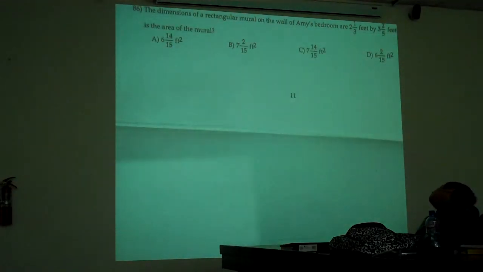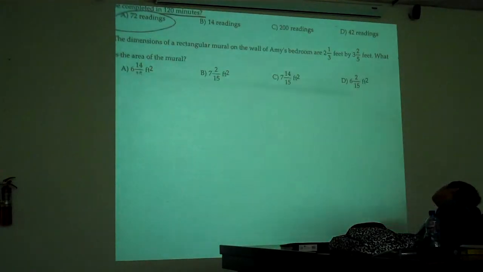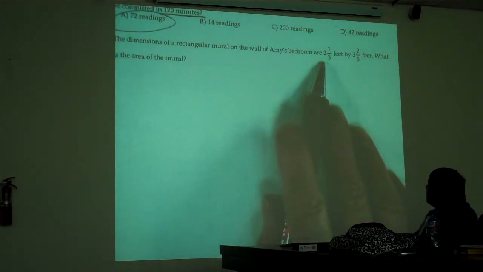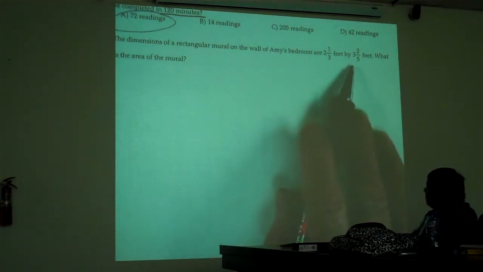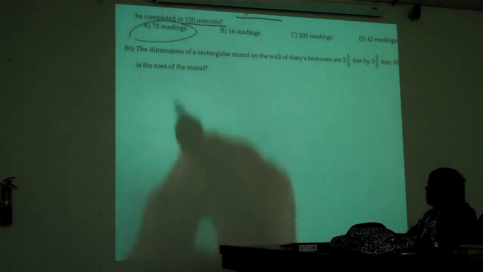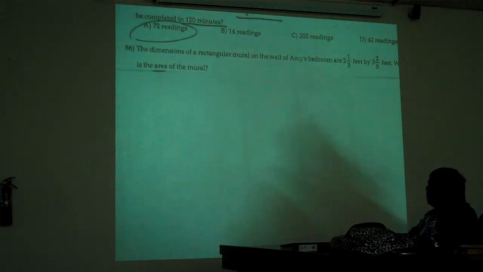Okay, 86, the dimensions of a rectangular mural on the wall of Amy's bedroom are 2 1/3 feet by 3 2/5 feet. What is the area of the mural? A rectangular mural.